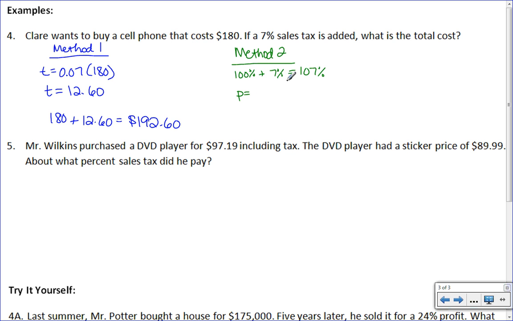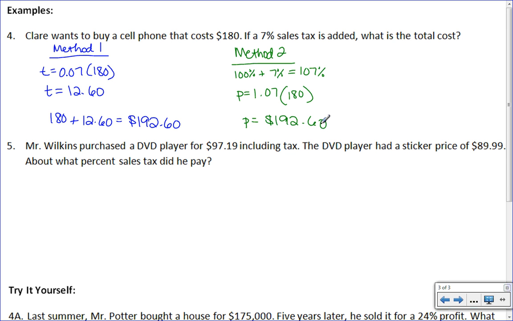So remember, we write this as a decimal, so this is 1.07 times the original amount of the phone, which was $180. Okay. And then we go ahead and multiply these, 1.07 times 180, and we should get the exact same answer we got last time, $192.60. So either method you prefer is fine. Just make sure that you're using an equation and not a proportion to calculate these.